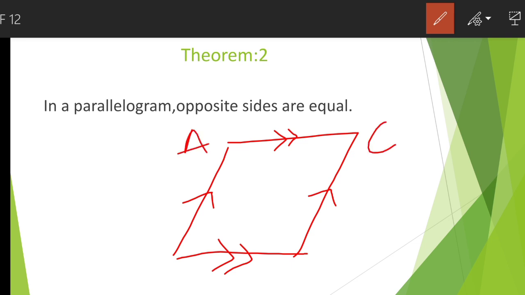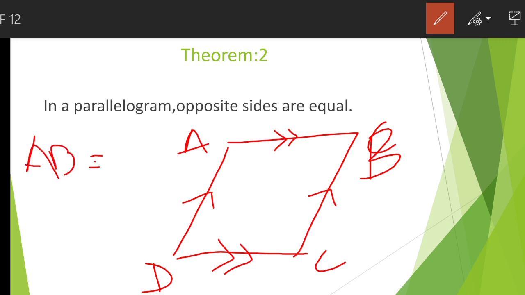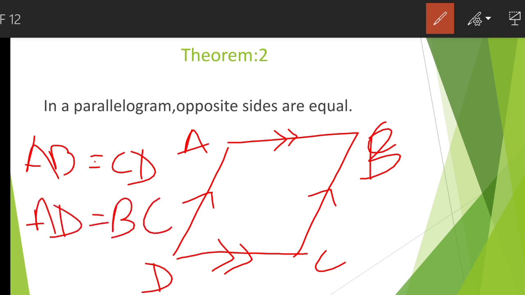If the parallelogram is ABCD, then AB equals CD and AD equals BC. These are the opposite sides which are equal to each other.